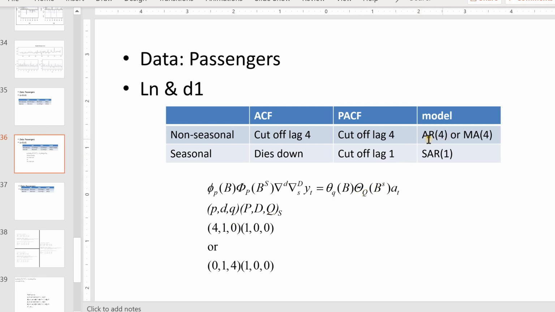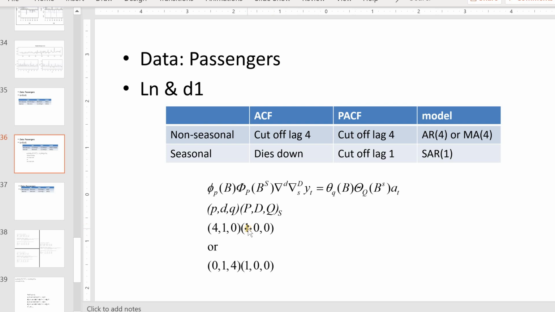Okay, so for this ARP, MAQ. So the order of AR is 4, order of MA is 4. So the first tentative model is (4,1,0) for the non-seasonal. P is 4, the AR order. And then D is differencing, so we difference one time at the non-seasonal lag. And then P is AR at seasonal, so seasonal AR, SAR, so it is AR1.